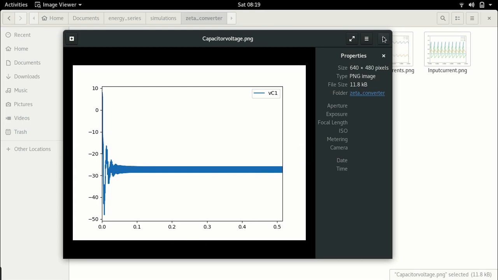So now that we've arrived at this, I would like to stop this lecture as we have examined a few waveforms. In the next lecture, we will wind up this converter with an open loop simulation where I will modify the duty ratio from 0 all the way to 0.8 and check how the output voltage behaves with increasing duty ratio.